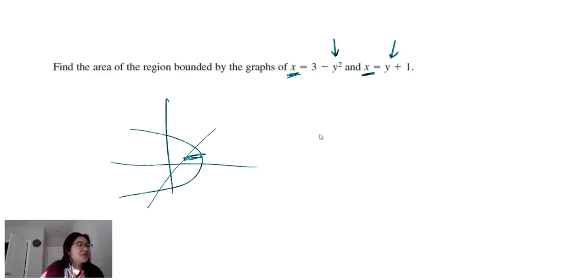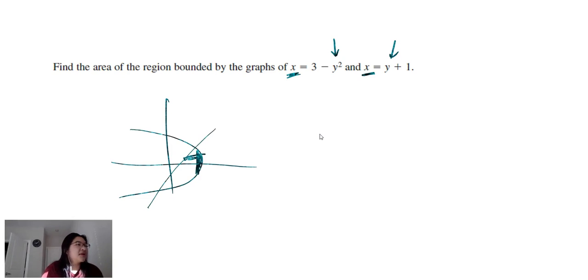Like what our input is y, so we don't have to do any algebra to solve this in terms of y. Also, if you're looking at it vertically, you're looking at the difference between a plus and a minus of a root function, and that's just too much effort. So let's look at this horizontally.